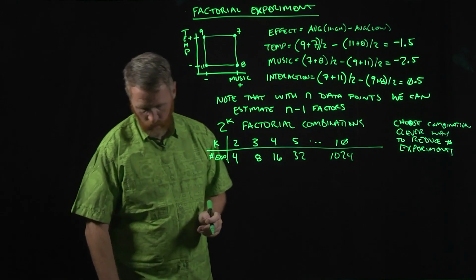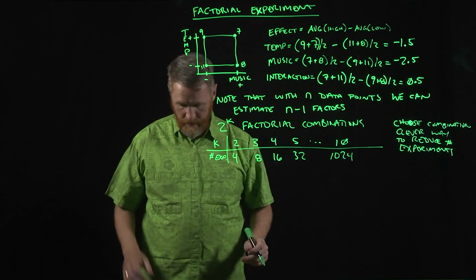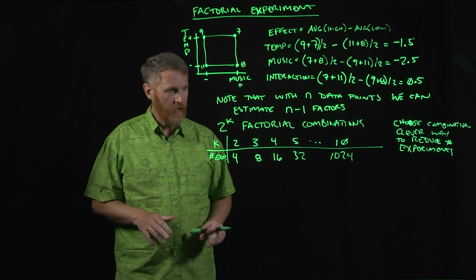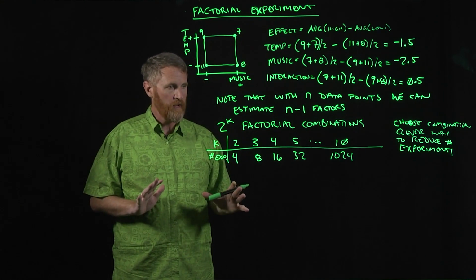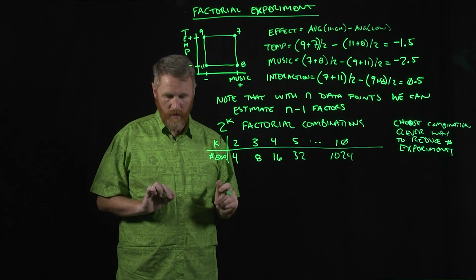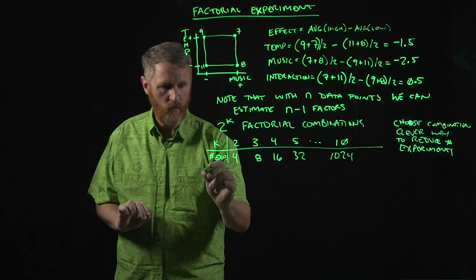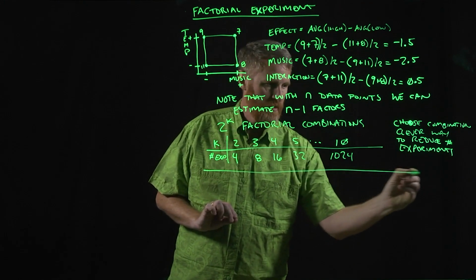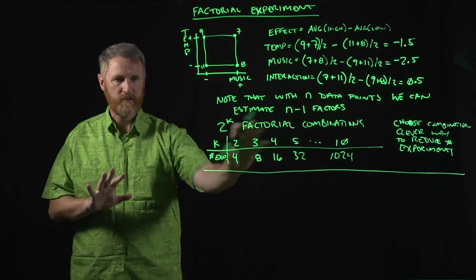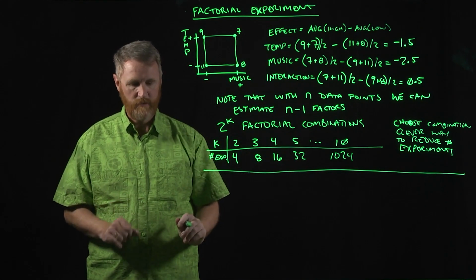Okay, so how does that work? Well, at this point, what I'd like to do is just do a quick review of what we would do before we choose the reduction of experiments here. So we'll come back to this in a moment.